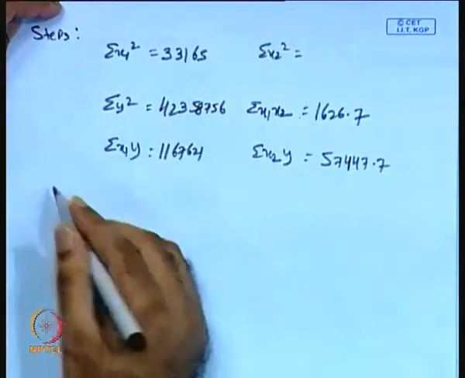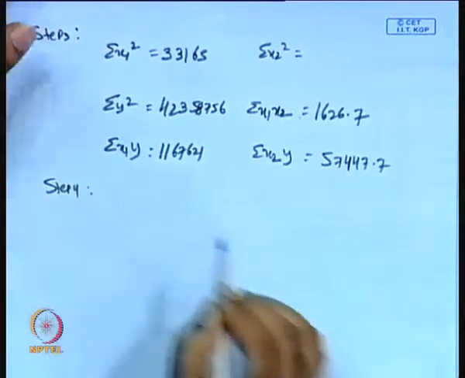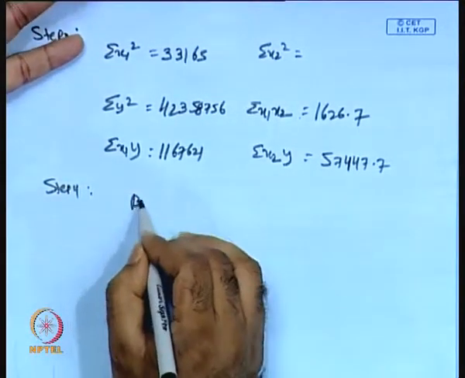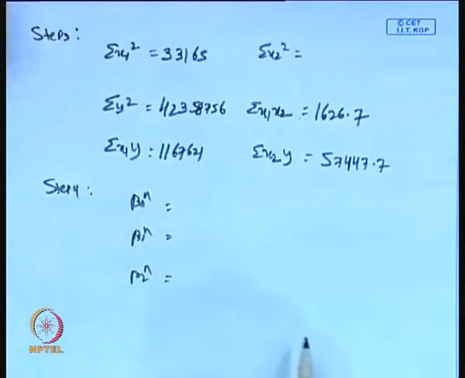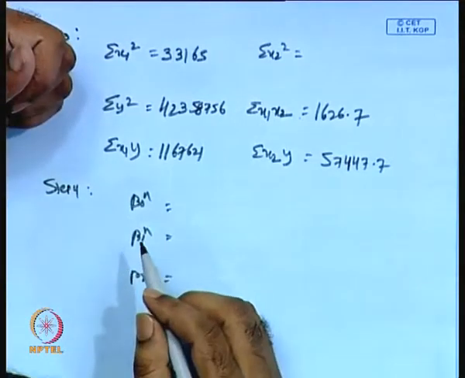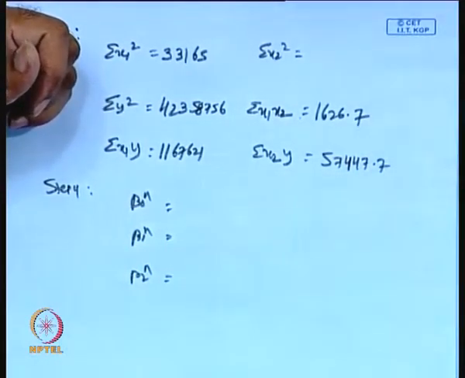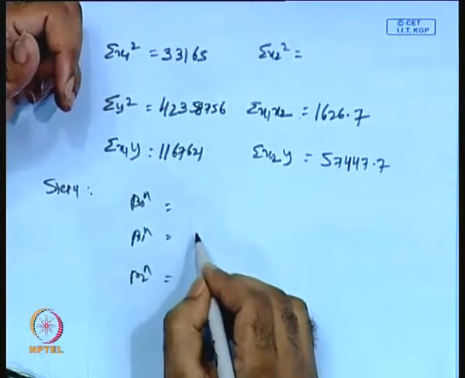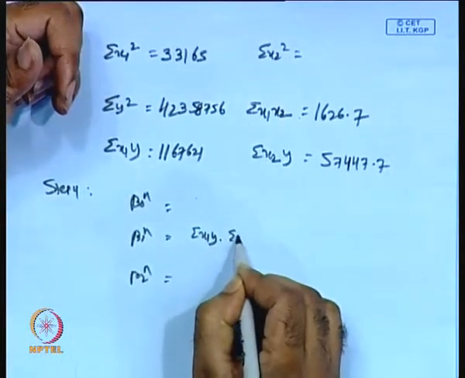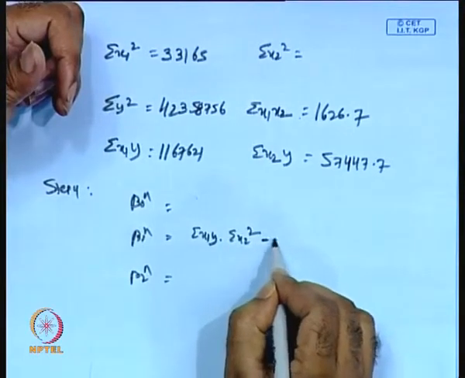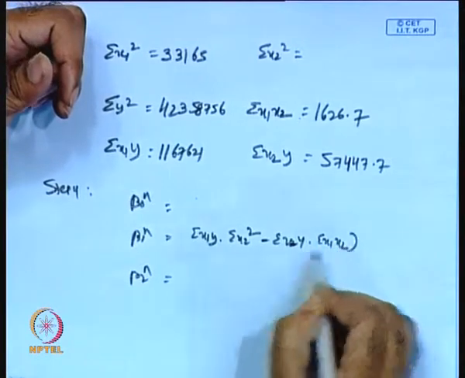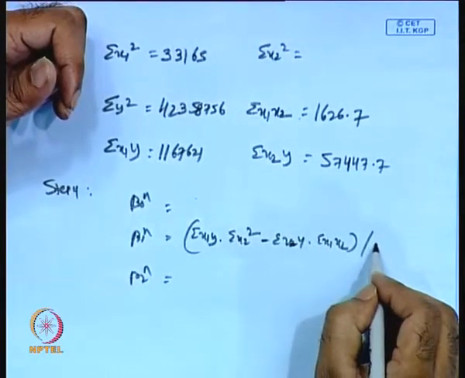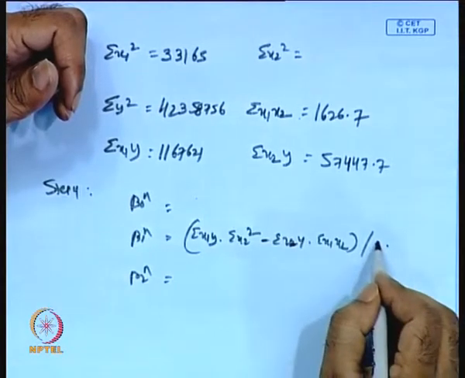So, what do you do now? In step 4, we would like to know the beta 0 hat value, then beta 1 hat value, then beta 2 hat value. So, what is beta 1 hat here? Beta 1 hat is equal to summation x1 y into summation x2 squares minus summation x2 y into summation x1 x2, divided by summation x1 square into summation x2 square minus summation x1 x2 whole square.